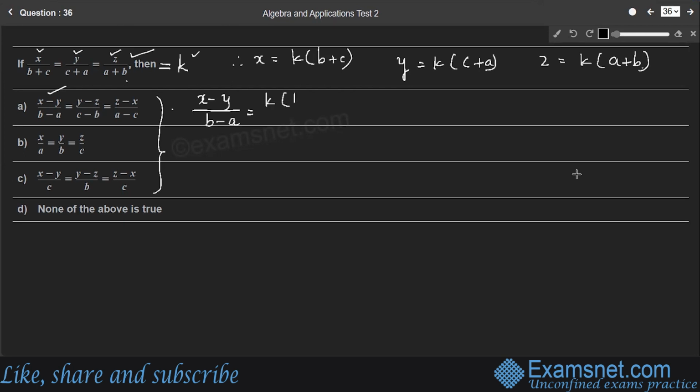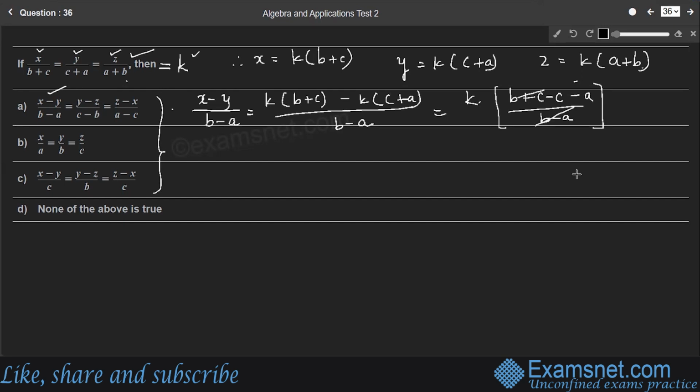So, k into b plus c is x minus k into c plus a is y, whole divided by b minus a, which is equal to, so we'll take out k outside and the remaining terms are b plus c minus c minus a whole divided by b minus a. So we can cancel b minus a and b minus a, since plus c and minus c will get cancelled. Therefore, we have k as the answer. So first part in option A is equal to k.